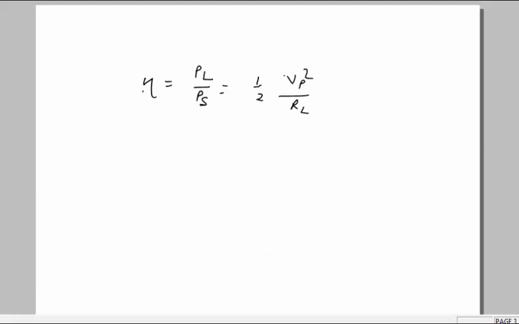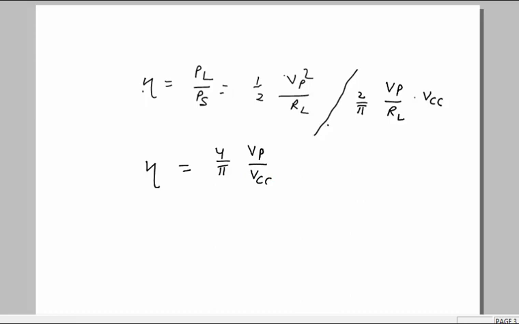So we write it here, divided by 2 by pi Vp by RL into VCC. If we do the simple mathematics, we get 4 by pi Vp by VCC. Let's call it equation number 5.